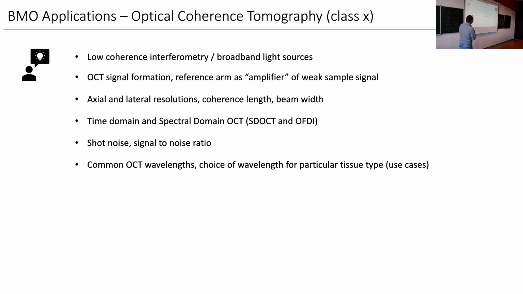And then questions like, what are common OCT wavelengths? Why would you pick a certain wavelength for a particular tissue type? So with the application, let's say I would want to do an OCT measurement on the retina. What wavelength range would I choose?